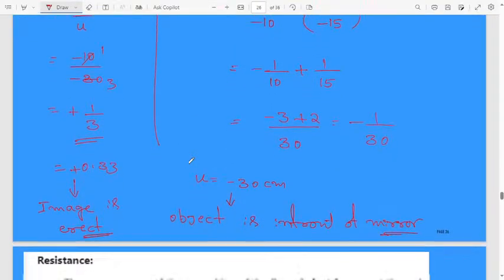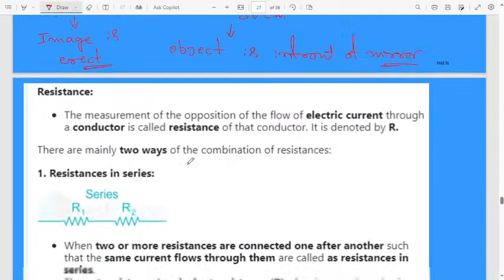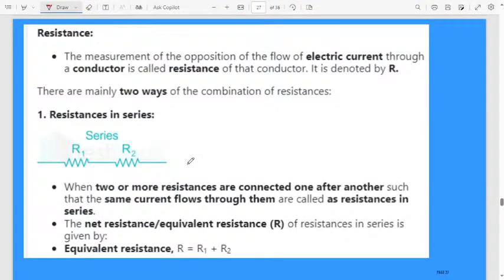Therefore the image is erect. Yes, I solved only one problem based on the lens, but in that one problem I solved even magnification, everything. If you know the formula and the concept, when you have to consider positive, negative, then you can solve. That's why revise formulas.